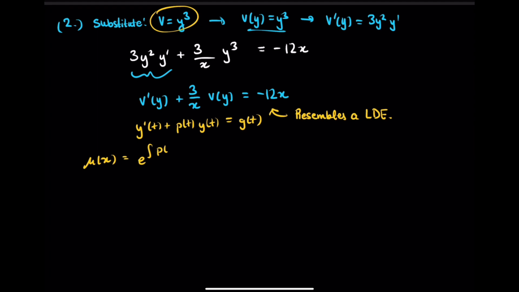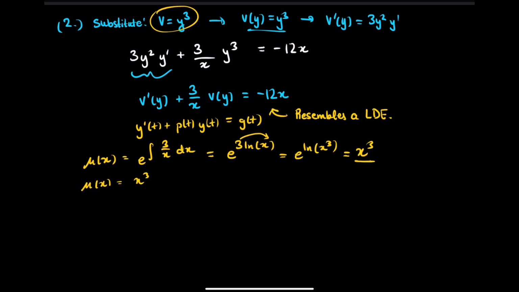It doesn't make too big of a difference in this case, but it's always good to be clear. Anyways, so it's 3 over x dx, and that gives you e to the 3 ln x, and then e to the ln x cubed, because we can just bring this 3 in here, and e to the ln of anything will always just be whatever's inside the ln, the argument of ln. So that's just x cubed. So your mu(x) is just x cubed.